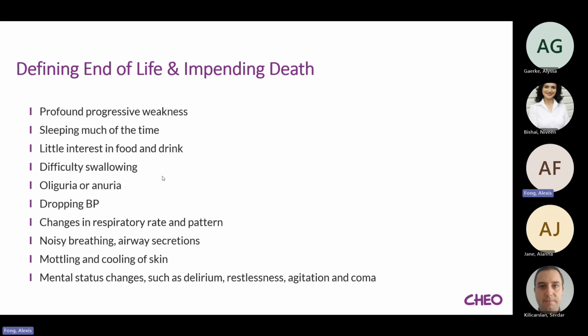All somewhat vague and blurry because people can have all of these and live for weeks. So it's helpful to give a bit of an idea, but you always have to be aware that everyone's trajectory is different, and it is so hard to predict how long someone will live for.